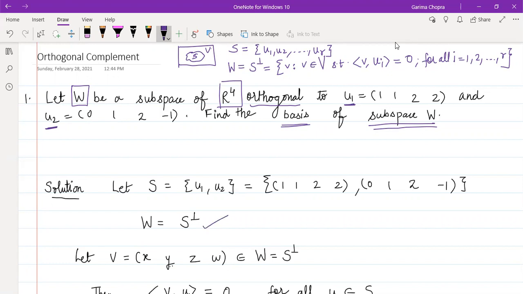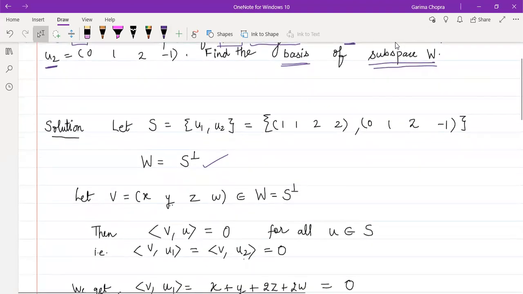Now we have considered an arbitrary vector of the subspace W. This subspace W is lying within the inner product space R4, so its arbitrary vector will have four components. So we have taken this vector v in this form having four components as x, y, z, w. And it belongs to this subspace W. Now we are using the definition of orthogonal complement.